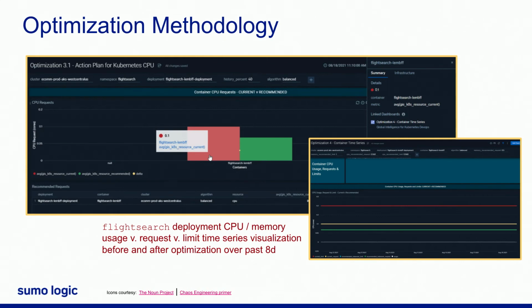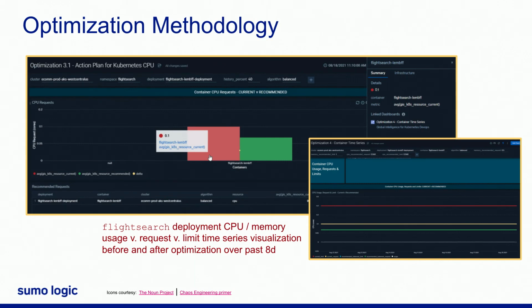Then we used the global intelligence dashboards to figure out what we should be requesting for all of this traffic, grabbed those numbers, threw them in, and now we are confident that when we do go live, we're not going to tip over or burst into flames.